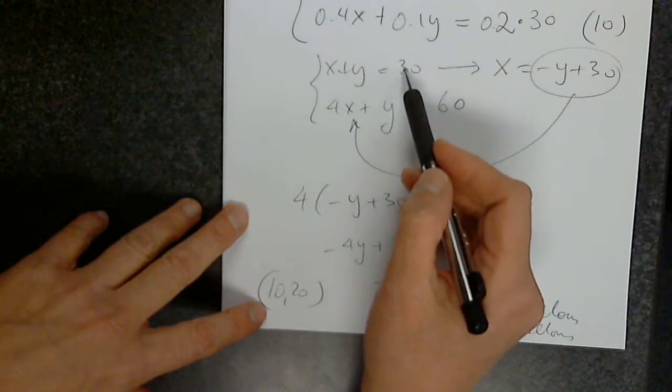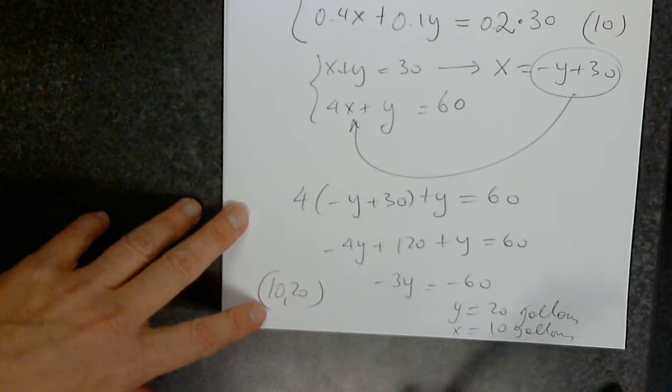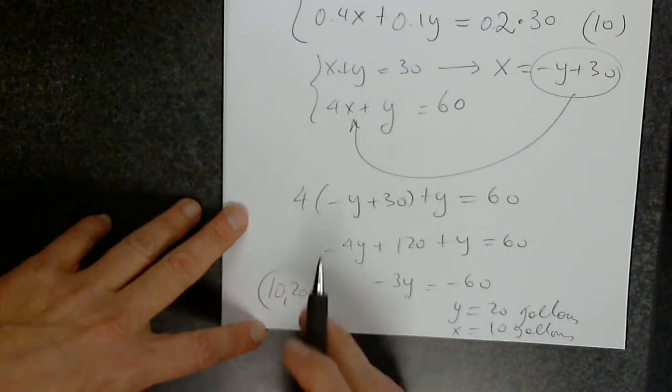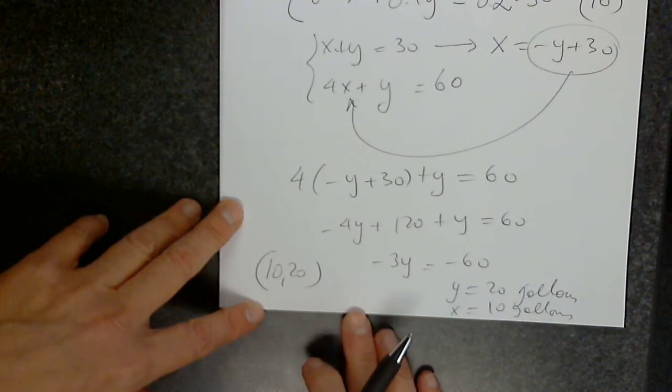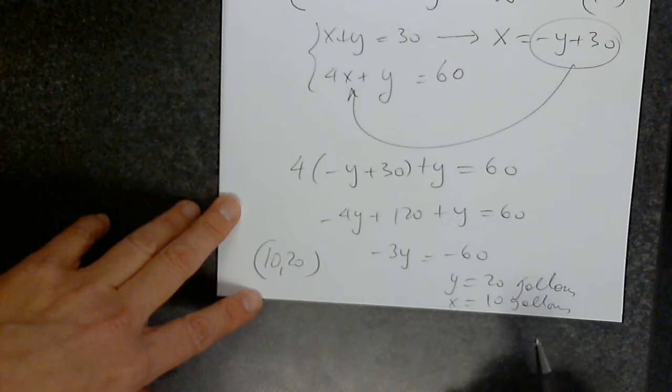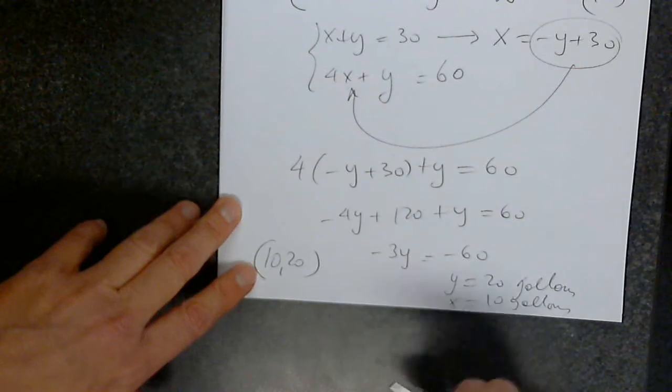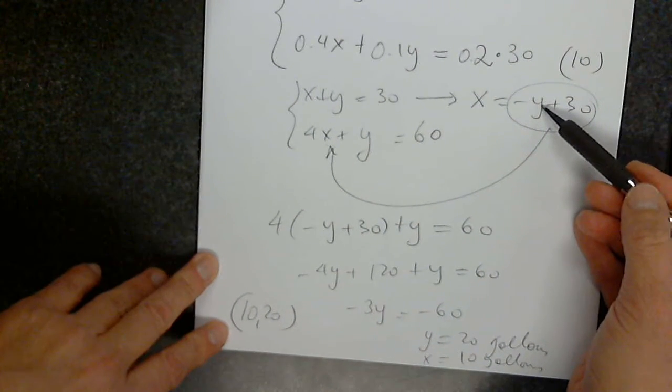I moved this term to the other side to solve for x. And then I replaced in the second equation. Is this okay, everyone? So then I combine like terms and I solve for y. I got y equals 20. And then I went back here to determine x.